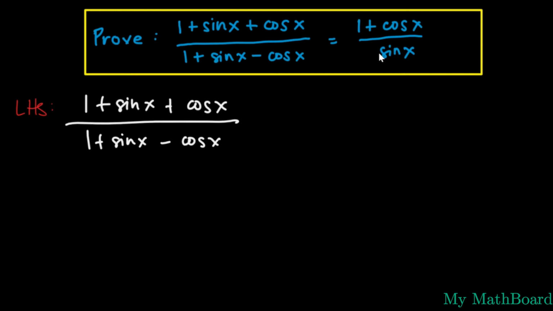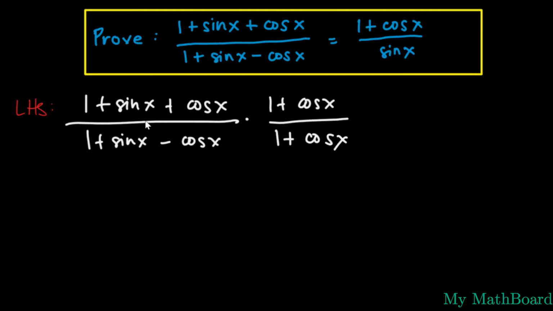So, kung makikita ninyo yung right hand side ng equation, ang numerator niya 1 + cos x. So, we are going to find way para magkaroon ng 1 + cos x sa numerator. So, gagawin natin, i-multiply natin yung numerator and denominator by 1 + cos x. Okay, so we have (1 + cos x) over (1 + cos x).